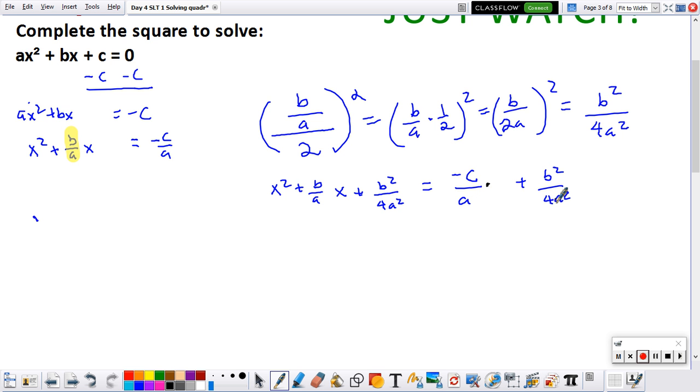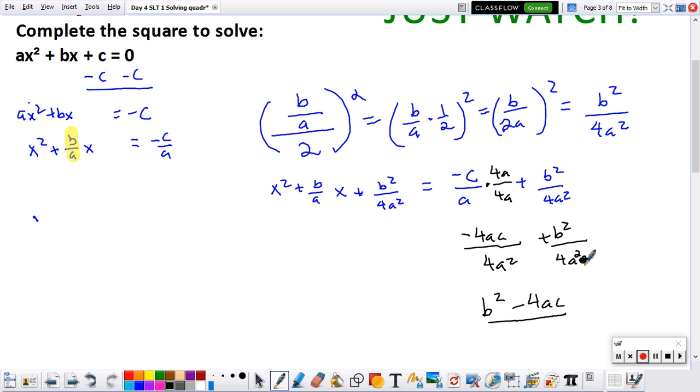If this is a and this is 4a squared, I need another 4a. So this becomes negative 4ac over 4a squared plus b squared over 4a squared. Just because this one's negative and this one's positive, I'm going to write this as b squared minus 4ac, all over 4a squared. Now you should see this right side is starting to look familiar.